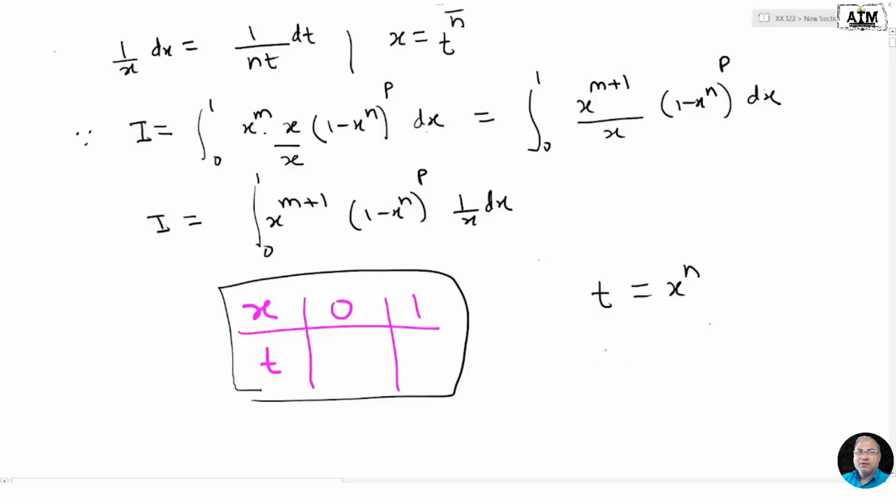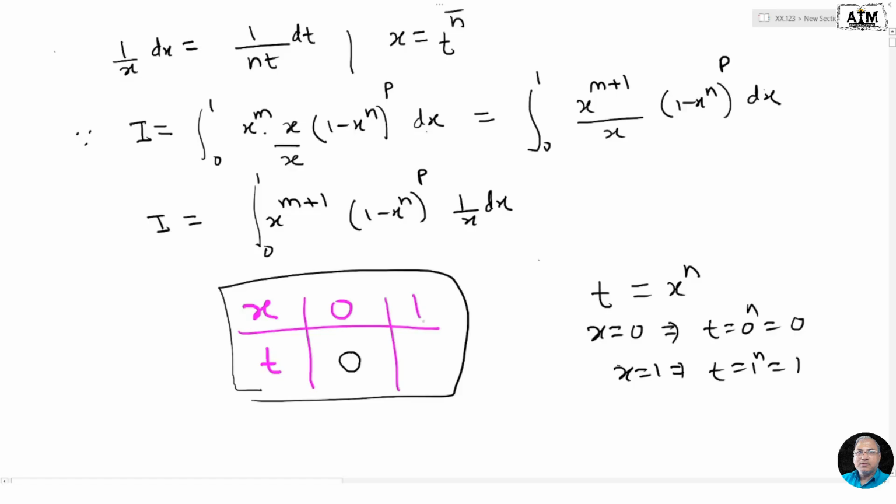Before proceeding further, let us change the limits of integration. For x equals 0 implies t equals 0 raised to n equals 0. Therefore lower limit for t is 0. Then x equals 1 implies t equals 1 raised to n equals 1.